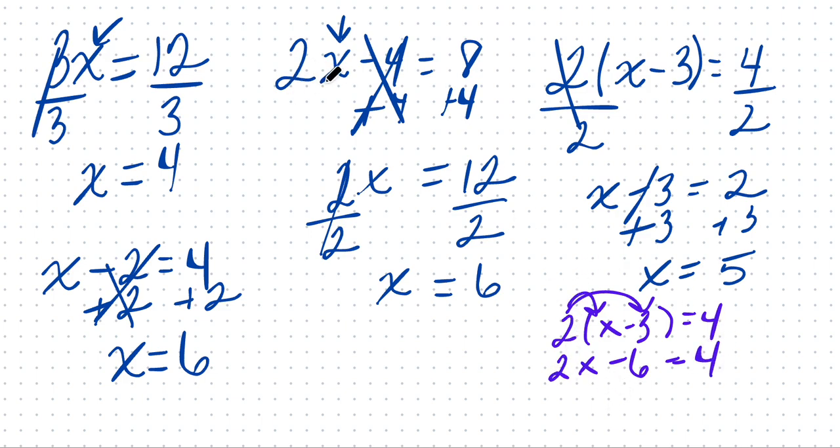And then I would solve my two-step equation. I could add the 6, 2x is 10, divide by the 2, and x is 5. So just a different way of solving the same equation. Both are acceptable.